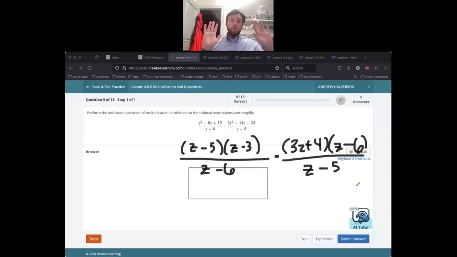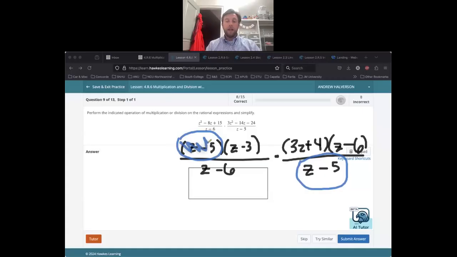So when you're dealing with rational expressions, you got to factor, pull it apart. Why? Because once you do that, you can take this thing here and cancel it with this thing here. The z minus 5s cancel with each other. What else can we cancel?